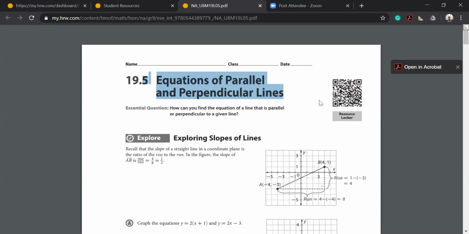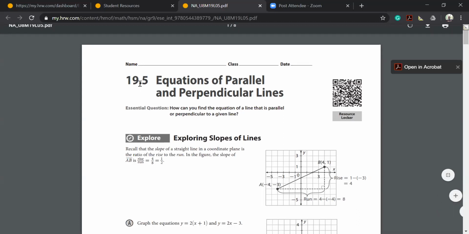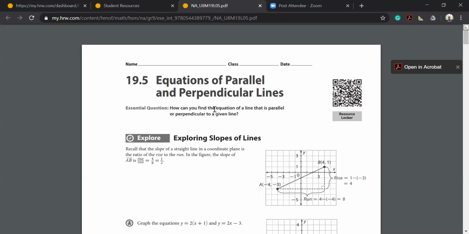Why did it come in module 19? Because you are going to be talking about parallel lines and perpendicular lines. So it's not just an equation of a line. We already took that many times. No, it's a special equation for parallel lines and perpendicular lines. It's a very easy lesson, really very easy.